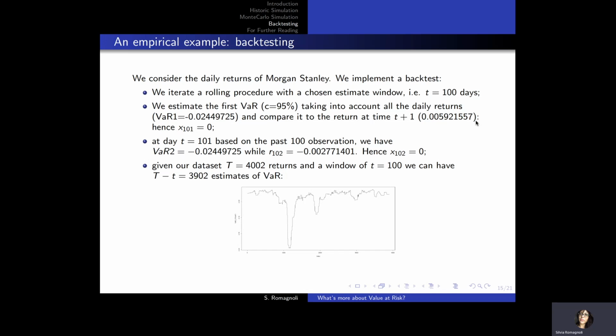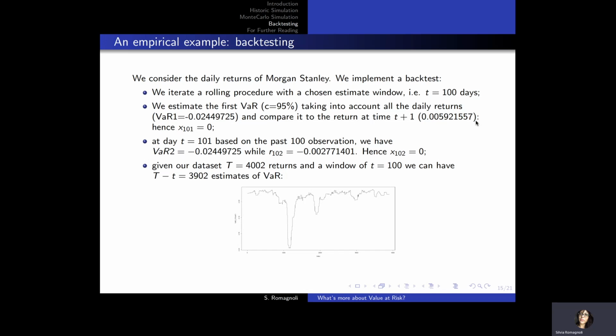At day t equal 101, so the day after, based on the past 100 observations, we estimate a new value at risk and we compare it to the realized returns at time 102. Also, in this case, we have a null binary variable because the realized return is greater than the estimated VaR.